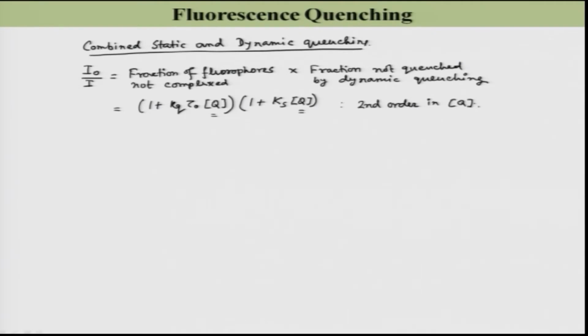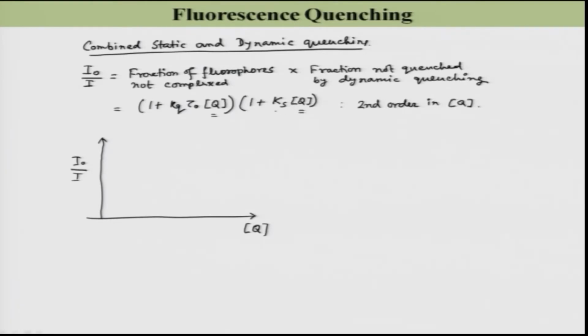And now, if you plot I0 by I versus concentration of Q, obviously this is no longer a straight line. Obviously, it will start from 1, as you can see here, when Q equal to 0.